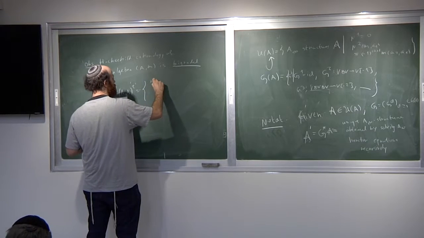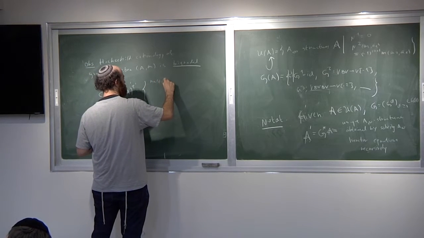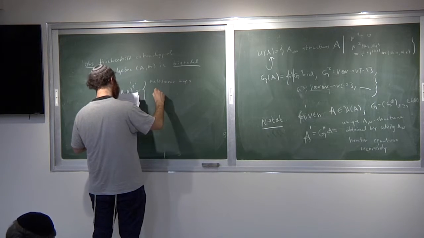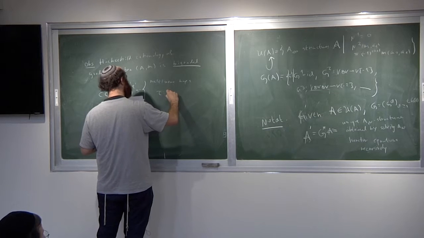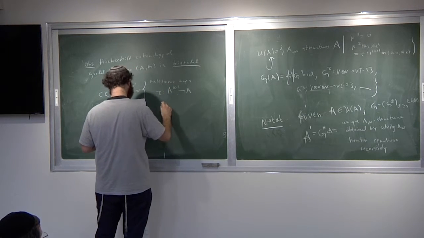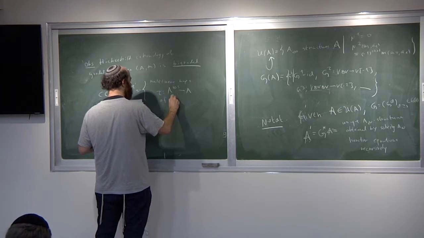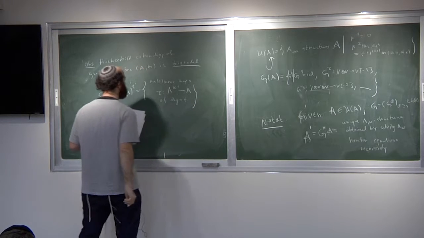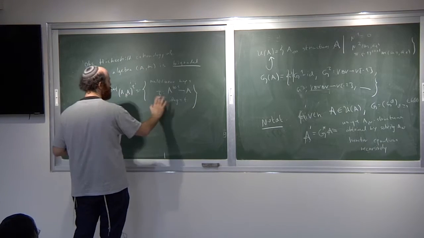These are just multilinear maps tau from A tensor S to A of degree equals T.